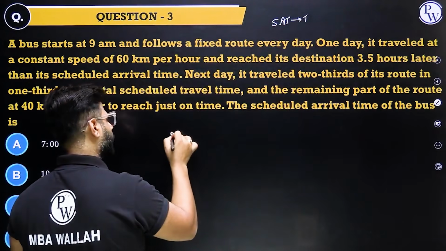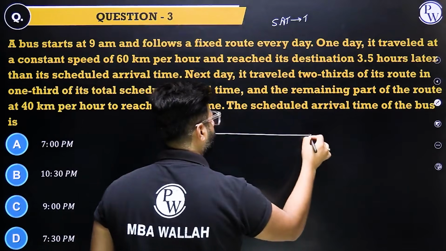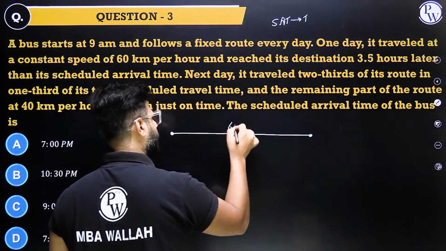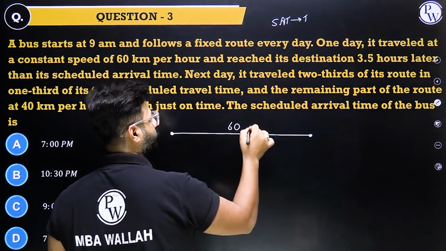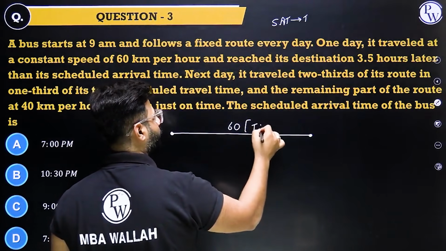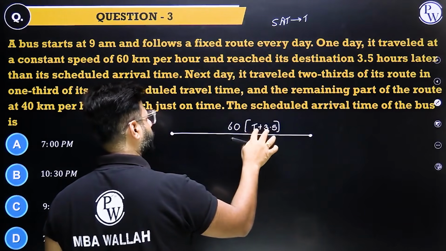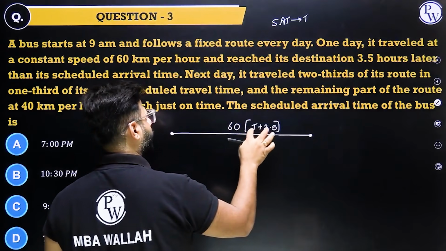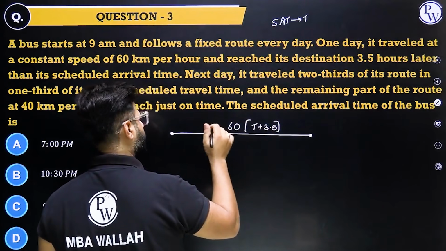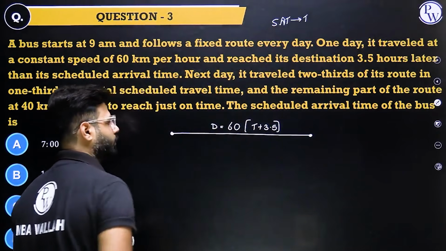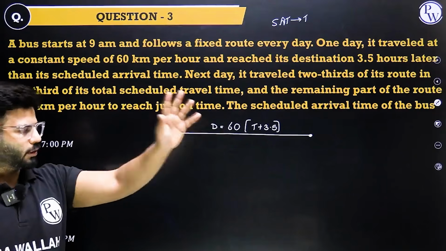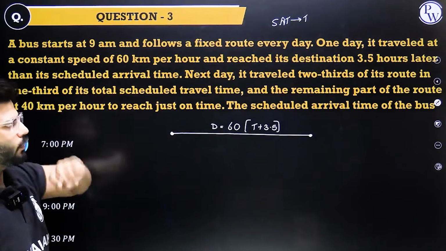So if the bus goes at a speed of 60, it takes 3.5 hours more than the scheduled arrival time. Speed into the time taken, total distance. So I know the distance of the fixed route using this equation.